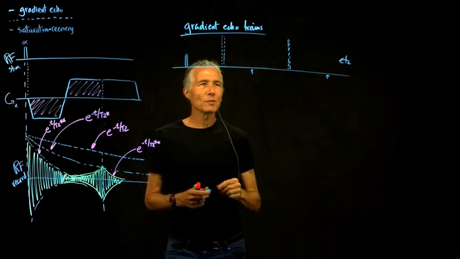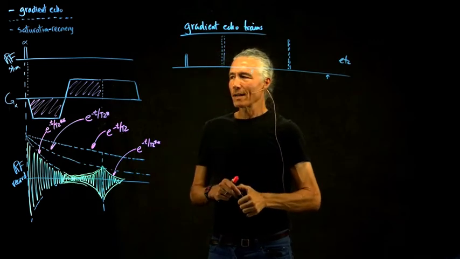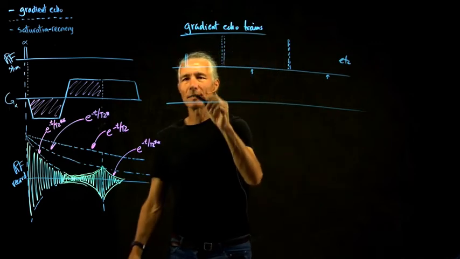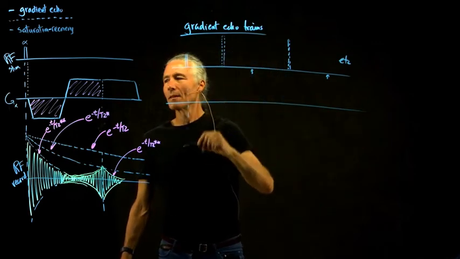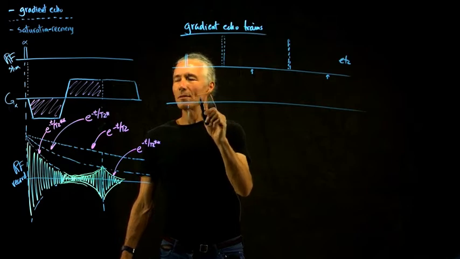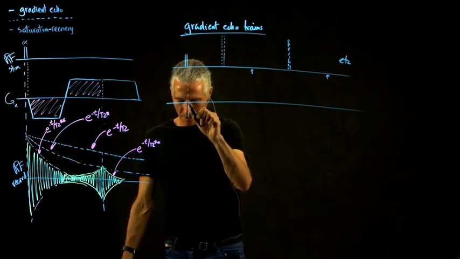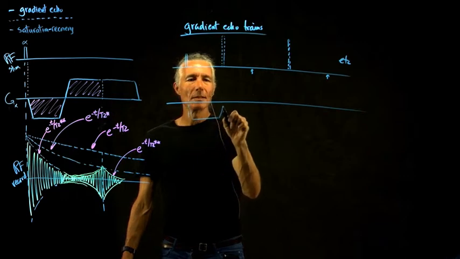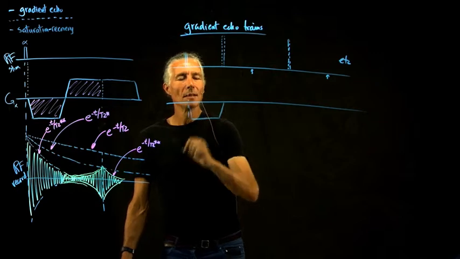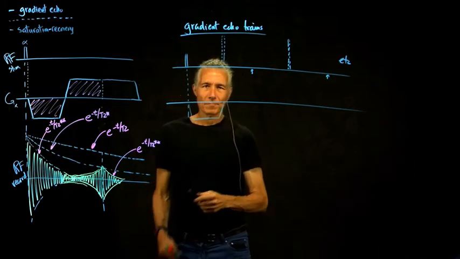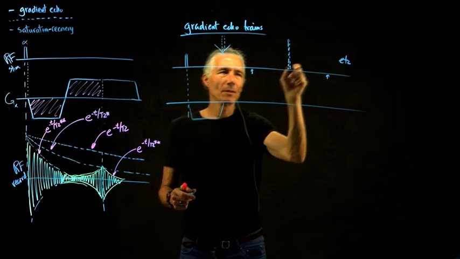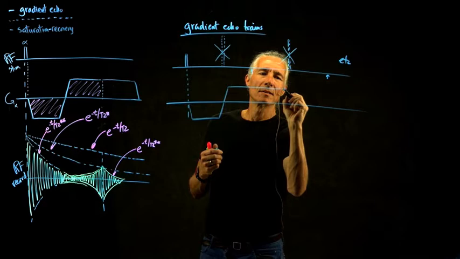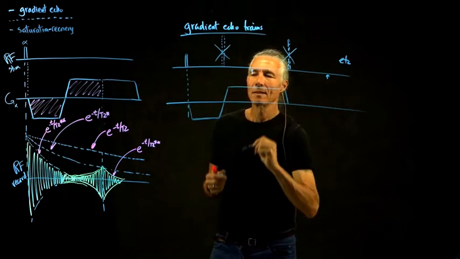You can pretty much do the same thing with gradient echo, except you're doing it with the gradient. So in this case, you would turn the gradient on this way, and then instead of doing another RF pulse, you turn the gradient on the opposite way for twice the amount of time, like that.